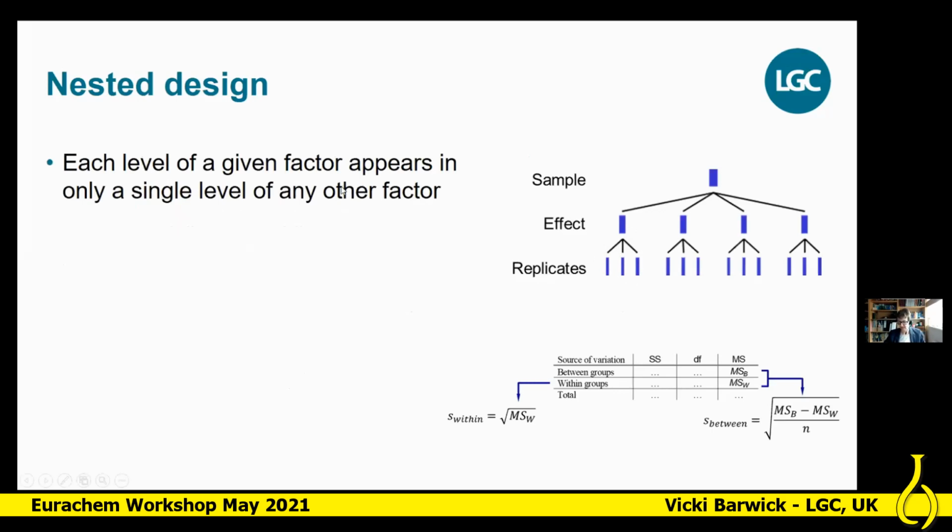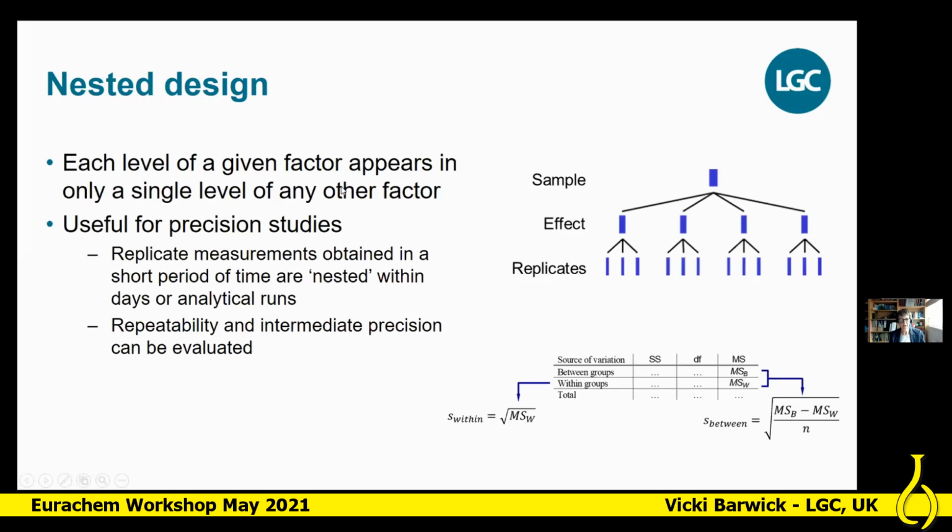And in validation, again, where that's quite useful is for precision studies, and particularly if we're interested in not only repeatability, but also in intermediate precision, if it was an in-house study. If it was an interlaboratory comparison for validation, then this is the design that's commonly used, but the replicates are grouped under different laboratories.